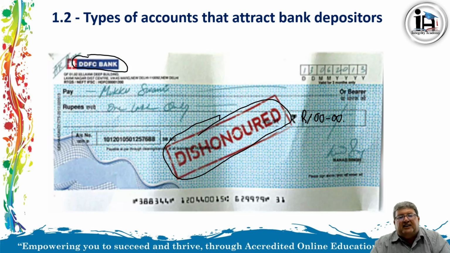So they just told my bank, sorry, we cannot give you the 100 rand because the person who wrote the check does not have 100 rand in their account. So here's your check back, and they will stamp it dishonored as a red stamp, and they'll give it to my bank. My bank will then post that to my postal address, and when I open my post, I will get this check in an envelope from my bank.